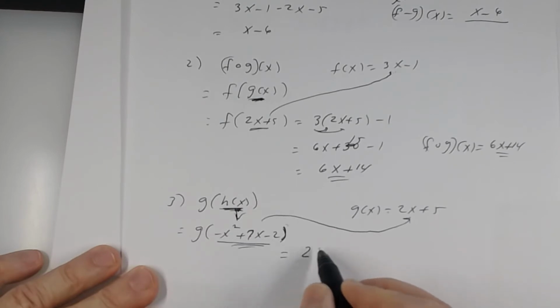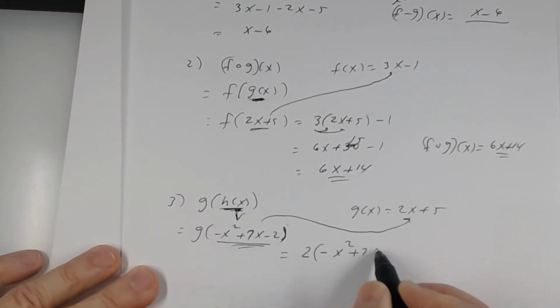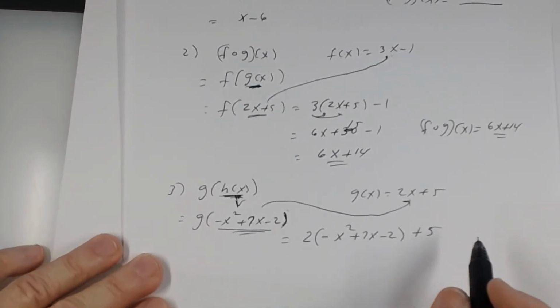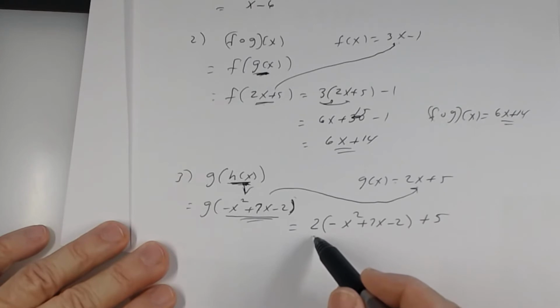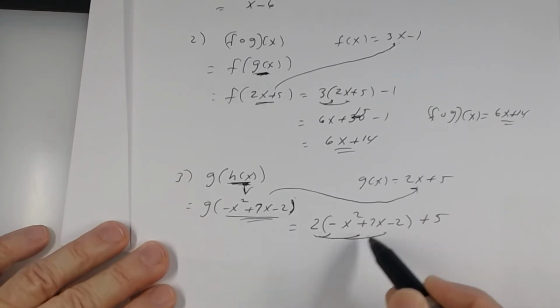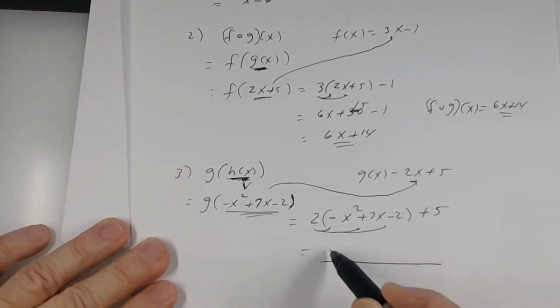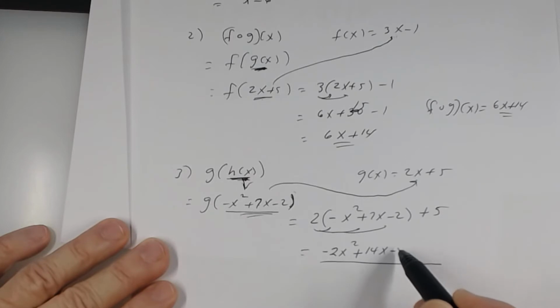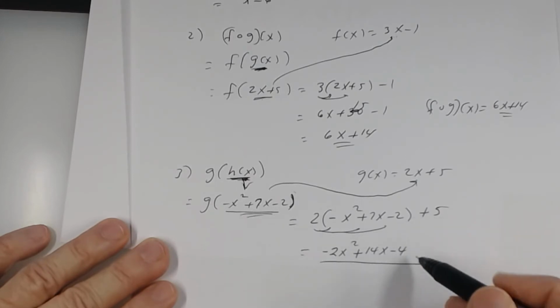So it becomes 2 times what? Plus 7x minus 2, and then plus what? 5. Okay, what's the next step? Distribute. And so the answer is going to be negative 2x squared plus 14x minus 4. Oops.